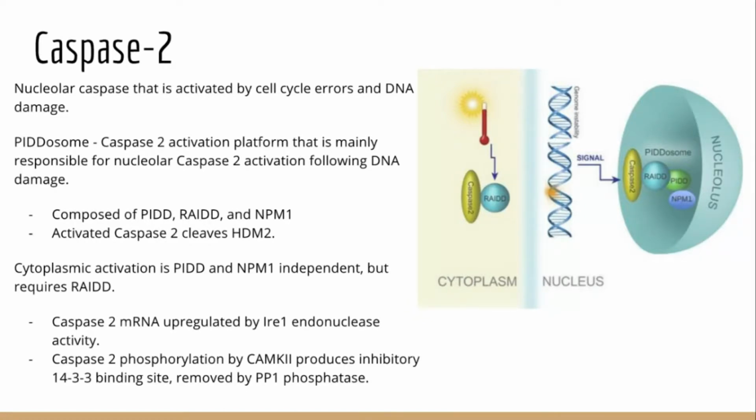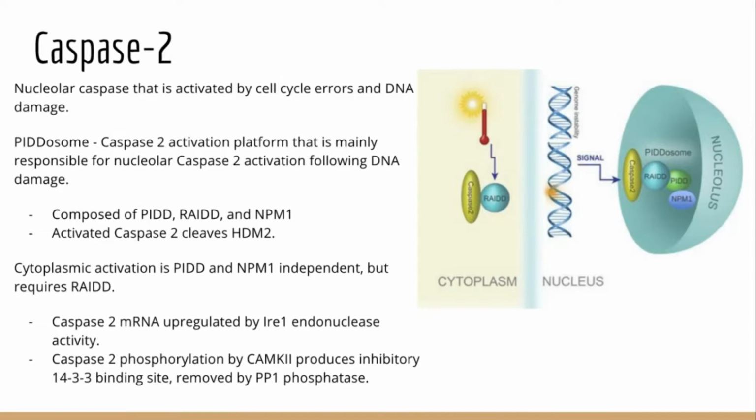Now I mentioned that although caspase-2 is the only nucleolar caspase, it's also found in the cytoplasm with other caspases. And research has found that caspase-2 expression actually spikes following endoplasmic reticulum protein misfolding. So when proteins within the ER begin misfolding, it causes an RNA endonuclease called IRE1 to become activated at the surface of the ER.